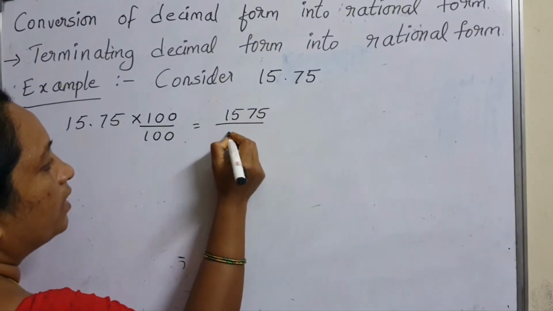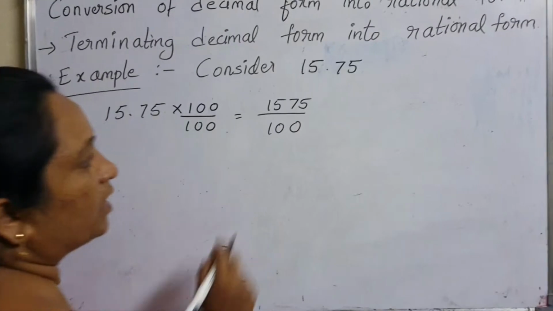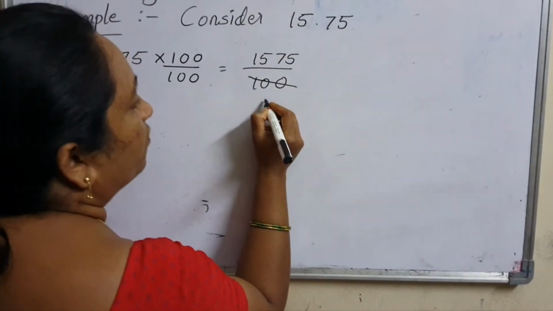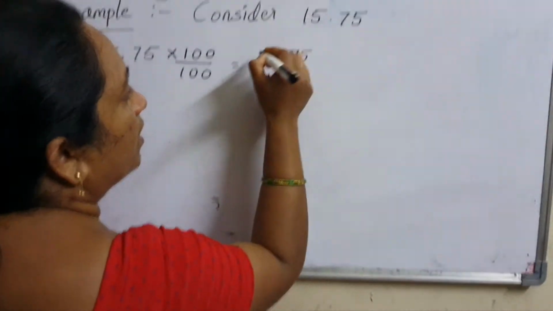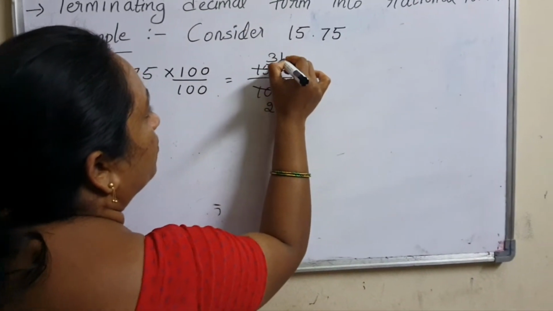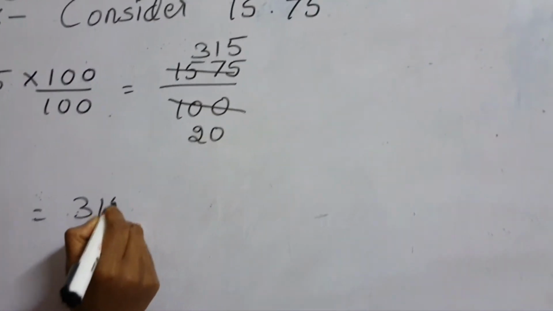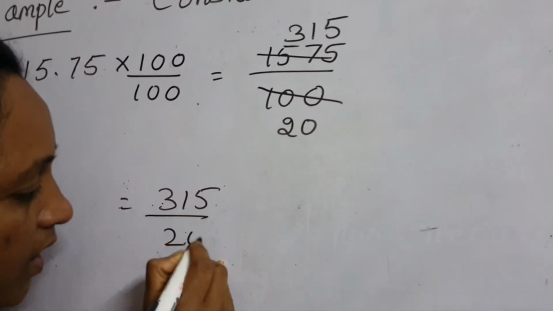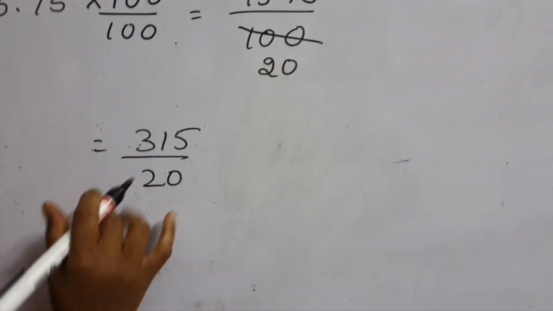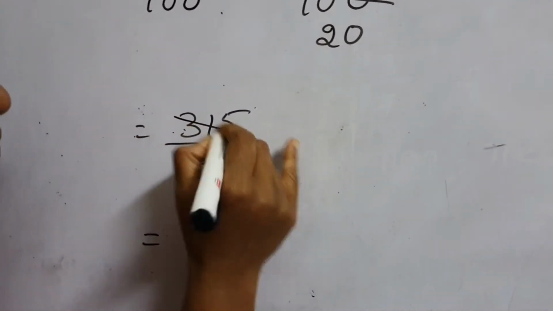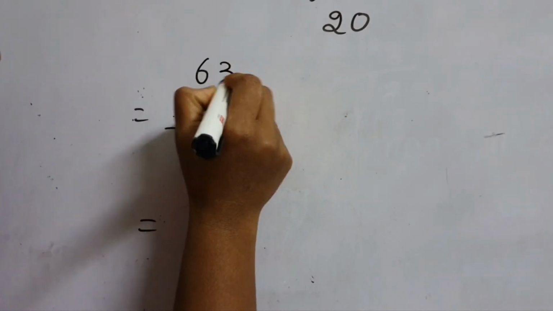1575 divided by 100. Now both are multiples of 5. Just simplify that. 5 twenties are 100 and 5 threes are 15, 5 ones are 5, 5 threes are 15. You got 315 divided by 20. Again these two are multiples of 5. 5 fours are 20, 5 sixes are 30, 5 threes are 15.